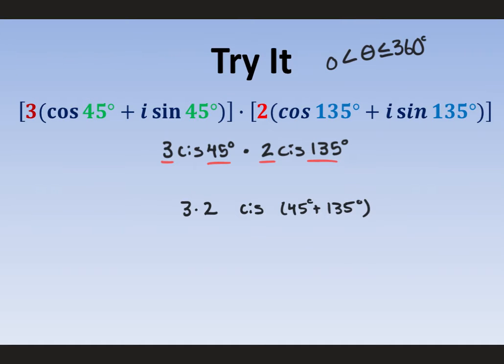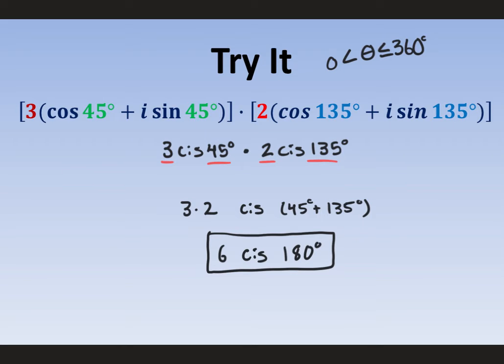It's really not that hard, right? 3 times 2 is 6 CIS, and 45 plus 135 is 180 degrees. So there we have it. Our answer is 6 CIS 180 degrees.